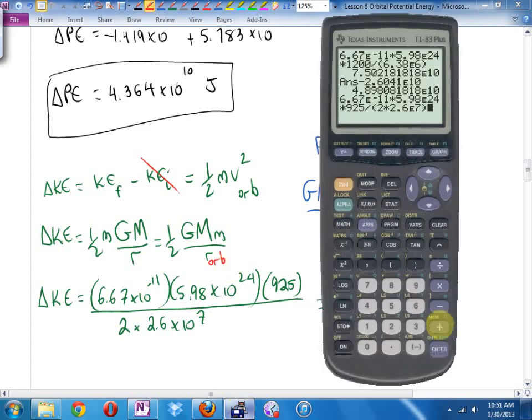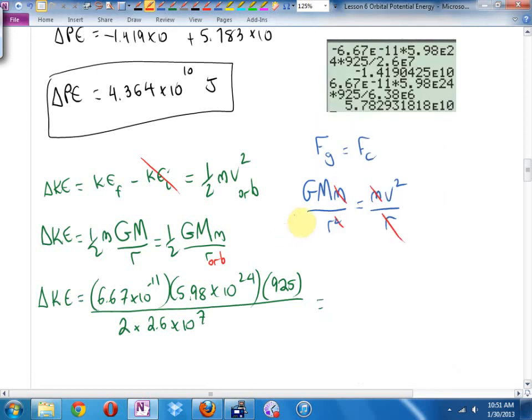And I think when you do that, you get 7095212,500. 1, 2, 3, 4, 5, 6, 7, 8, 9. 7.0952 times 10 to the 9th joules. That's how much kinetic energy.